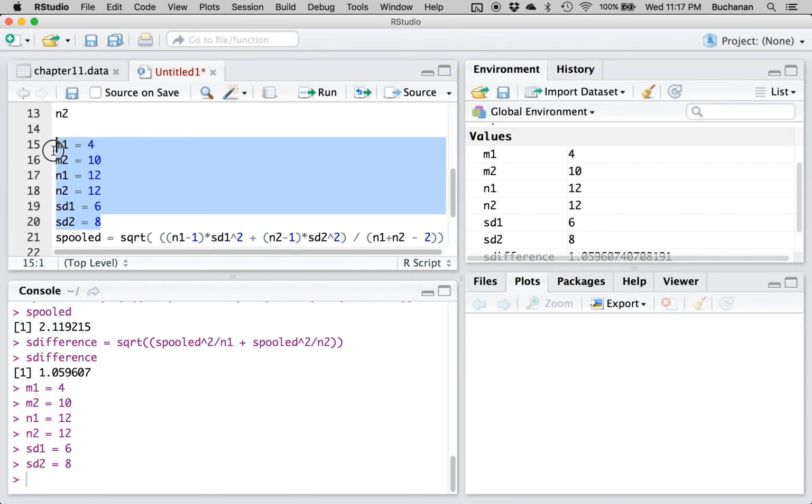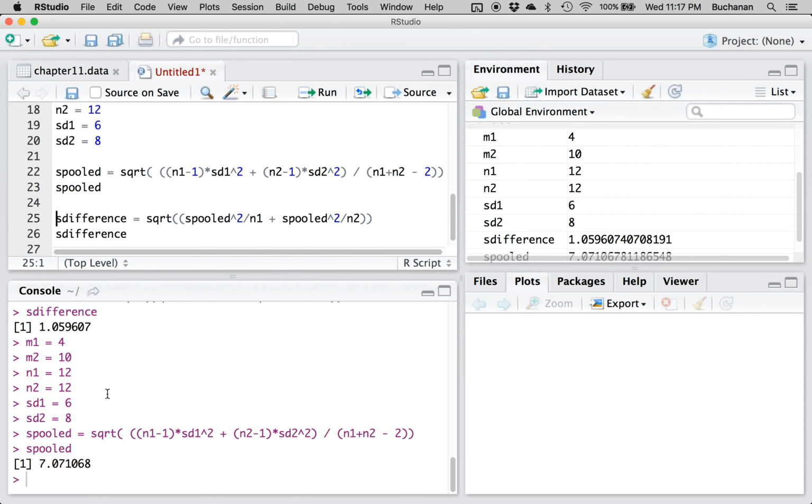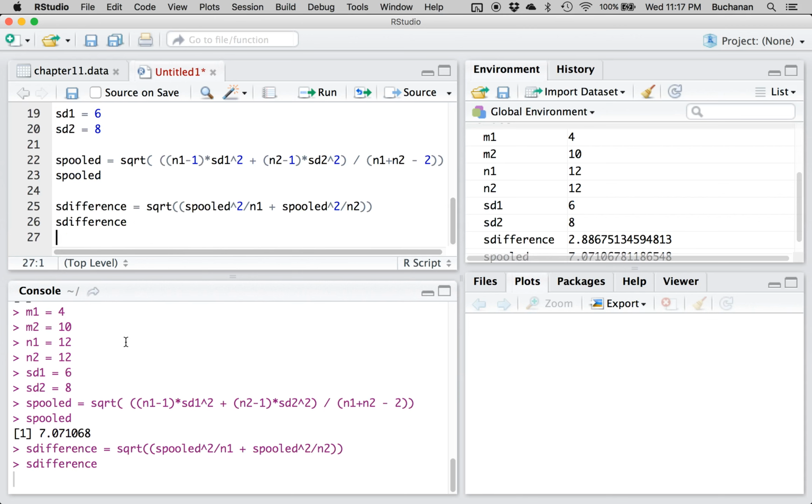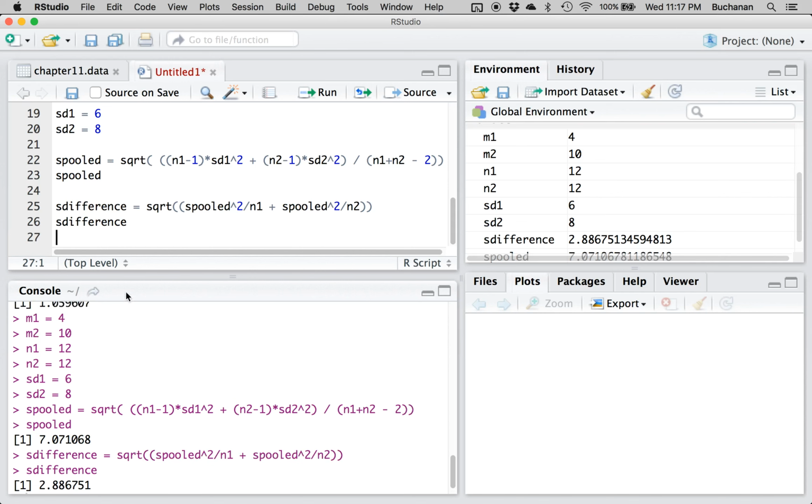I could just type them in here like this, and then use this formula again to get the new version of S pooled and S difference for that particular example from like a multiple choice question or something.